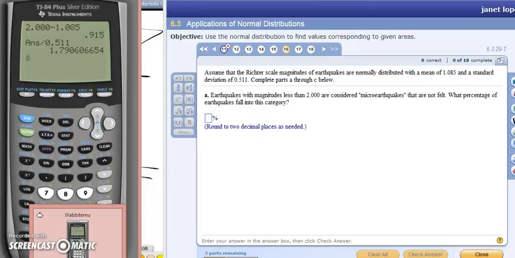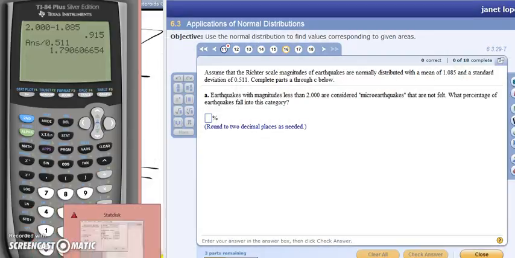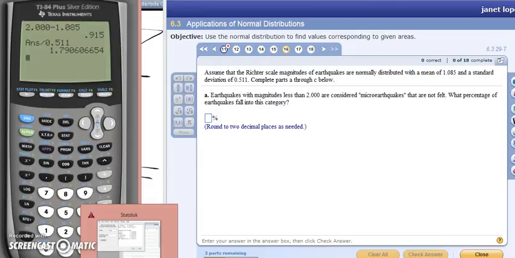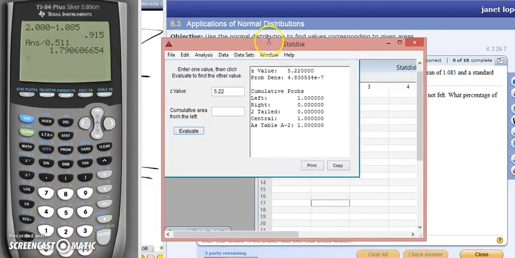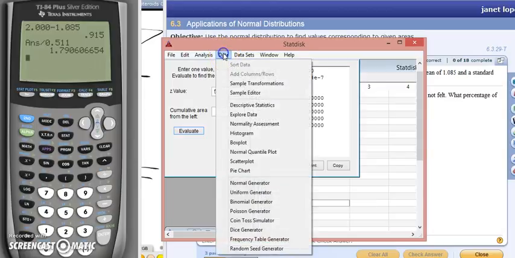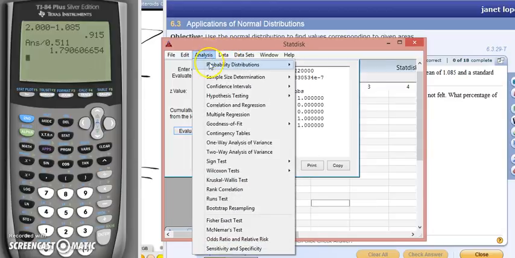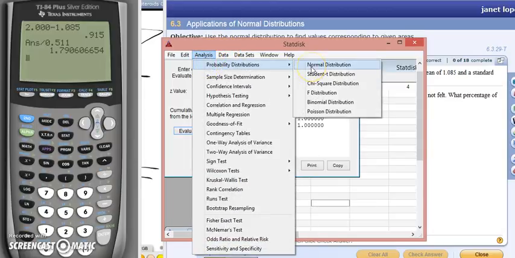So what I do is, if you have StatDisk, if you don't, download it for free from our homework. Once you download StatDisk, you go to data. No, I'm sorry, you go to analysis, probability distribution, and you go to normal distribution.